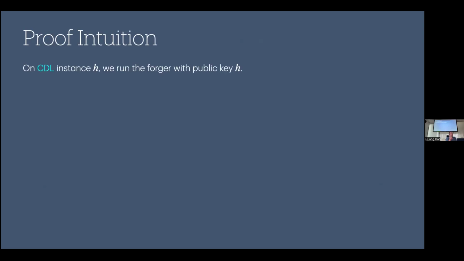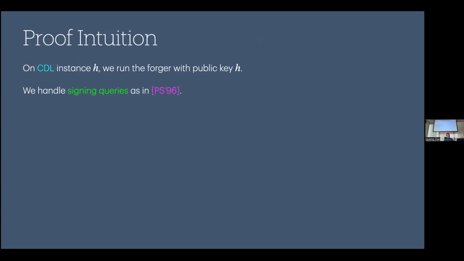Let me give you some vague intuition. We want to know how to reduce Schnorr to CDL. For a CDL adversary, we get an instance H, which is just a discrete log instance, and we run the forger with the public key H. The procedure for the signing queries is no different than any other; all the proofs for Schnorr I'm aware of do the same thing.